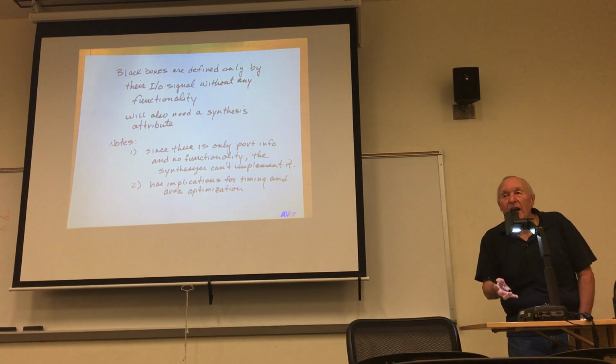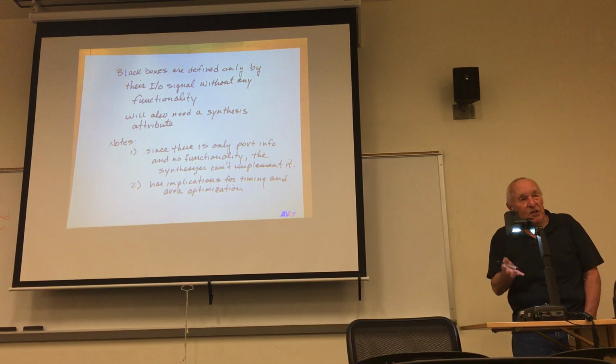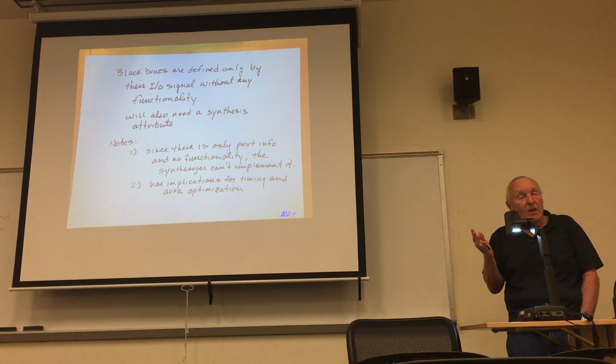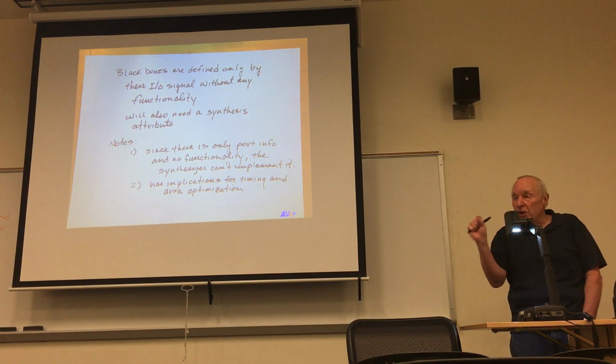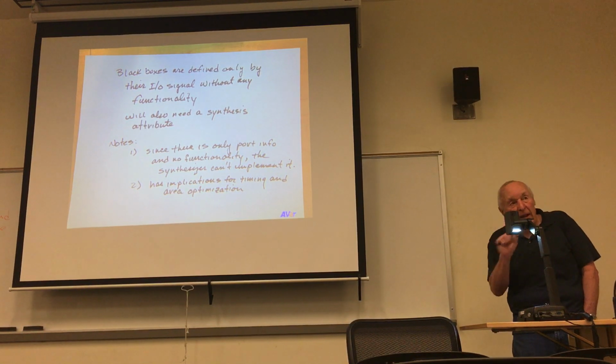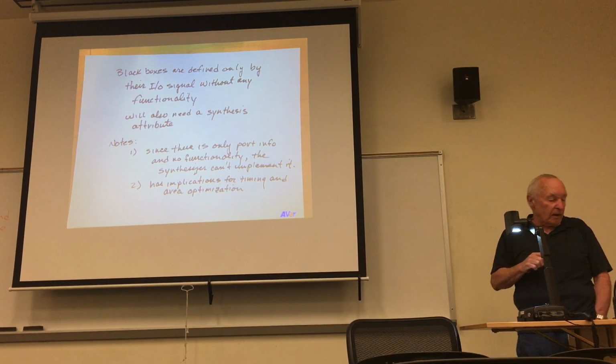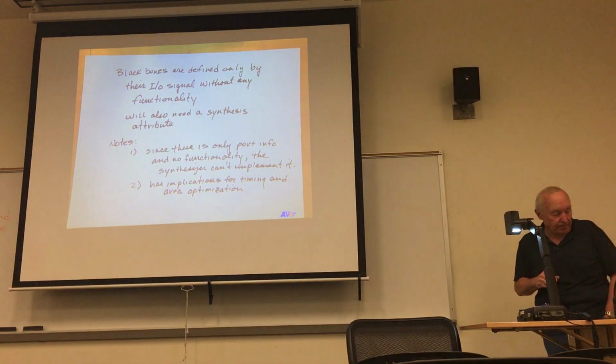Because you can't rely on the synthesizer to do that. The synthesizer doesn't have the information necessary to do that. So presumably, the netlist that is being generated by the IP generation tool has all of that built into it because they've been working with the FPGA vendors.